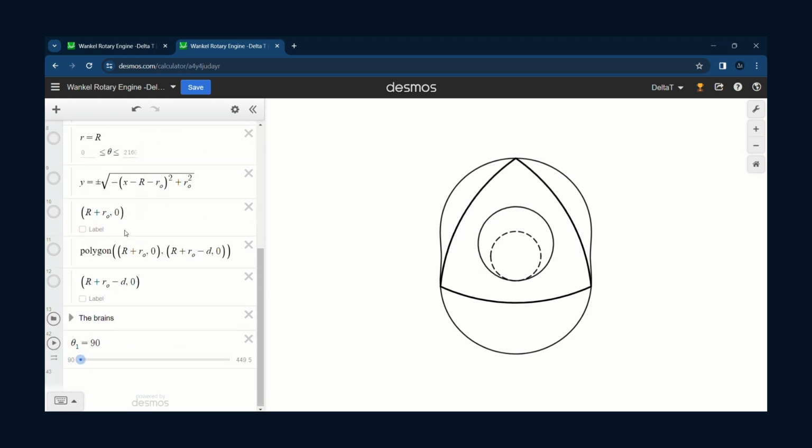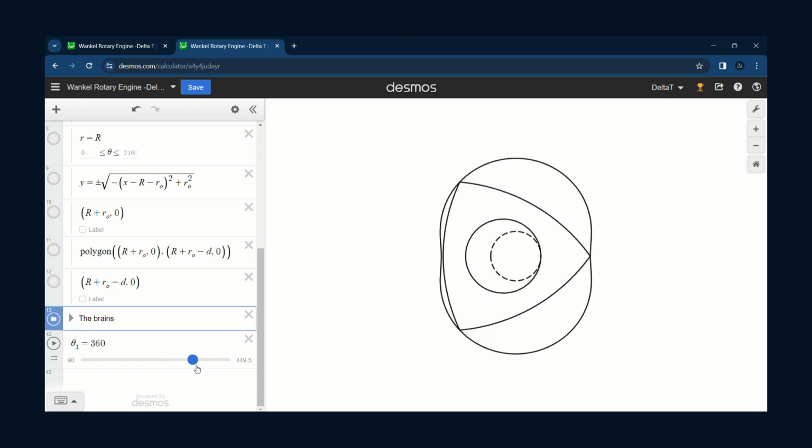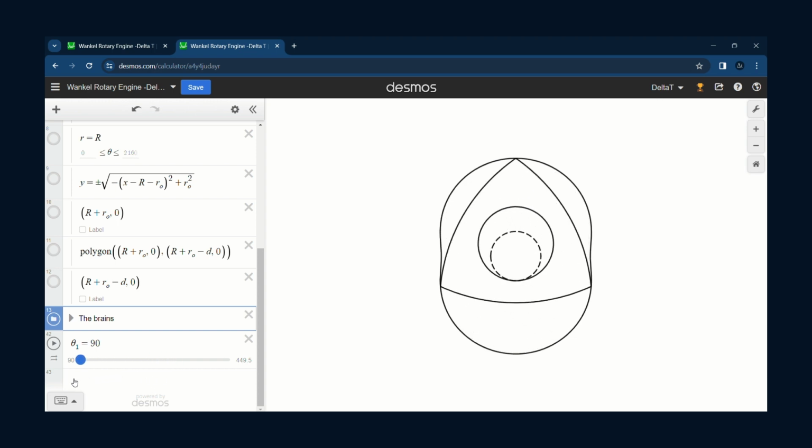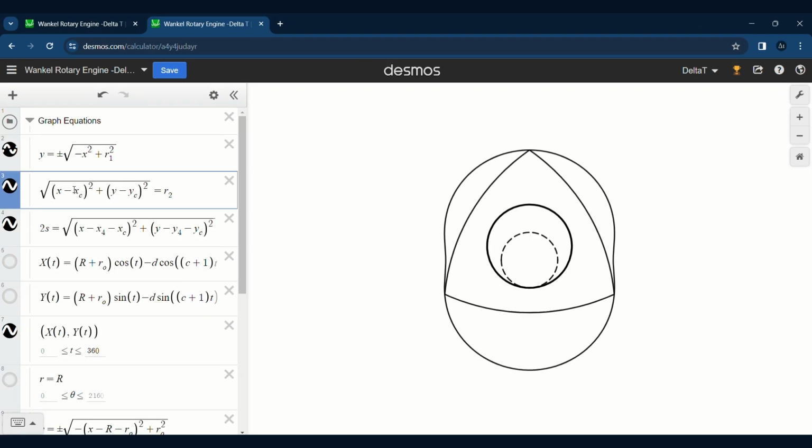As we animate the graph, you can see that this outer circle moves along the edge of the inner circle, and that's just to give it the illusion of the drive shaft spinning. We're able to do that with these variables x sub c and y sub c.